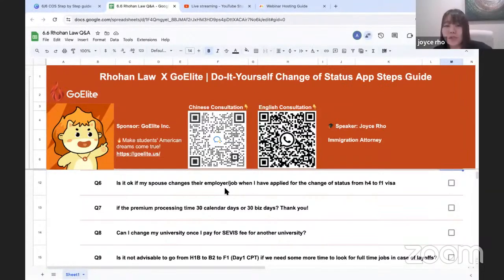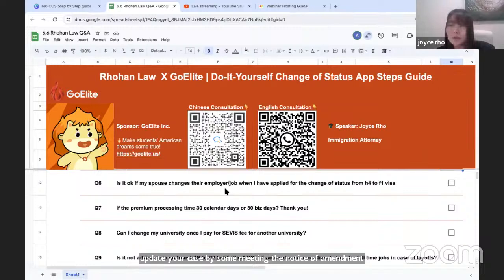Technically, the spouse needs to do an amendment of H1B, and then yes, you can proceed with the change of status even if your spouse needs to change jobs, as long as she files the amendment properly. I recommend that you update your case by submitting the notice of amendment about the spouse's H1B. But the changing of job doesn't stop you from changing status.